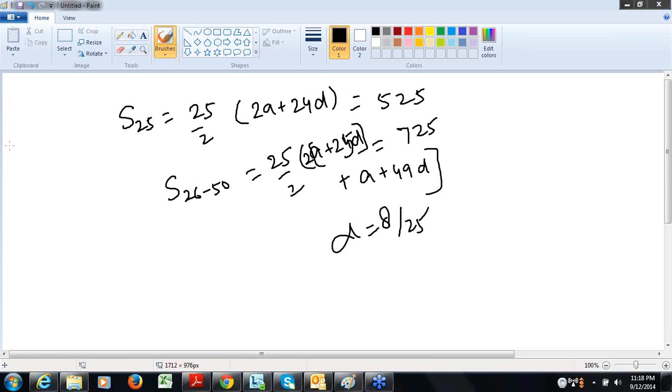Okay, let me explain once again. Sum of an AP is n by 2 into a plus L. Just a minute, I think I made one mistake here. It shouldn't be 2, 2 should not be there.